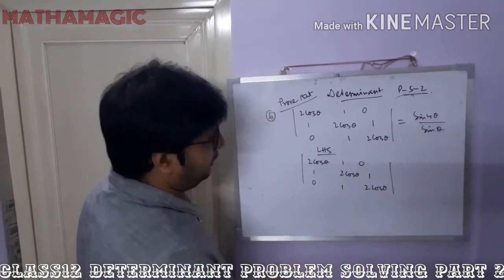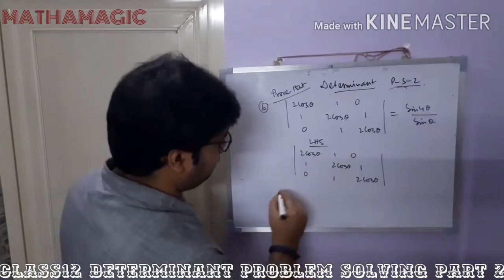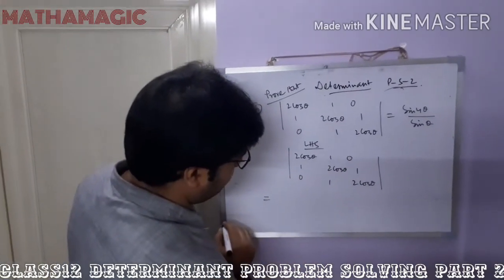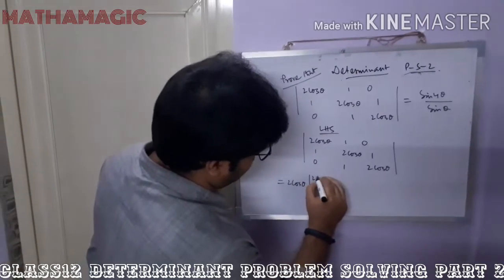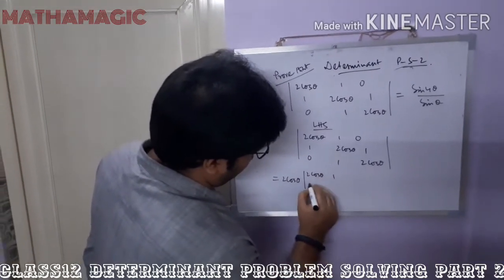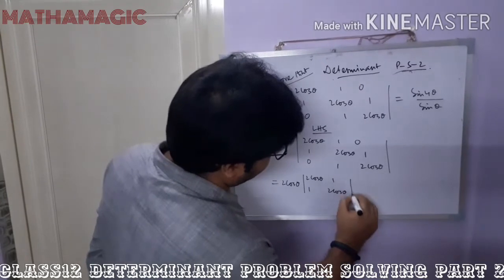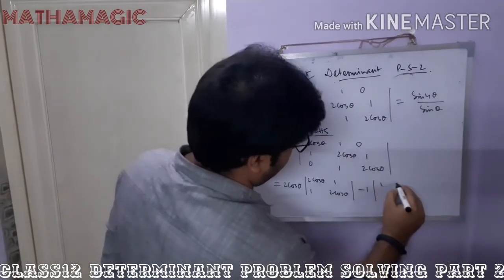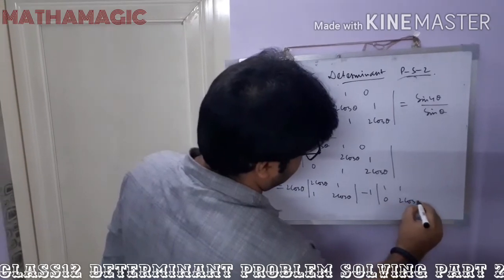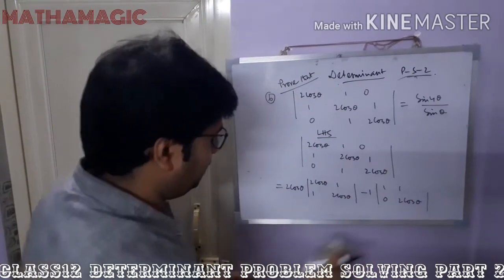If we do the expansion using the first row, what will we get? That is 2 cos theta times the determinant of 2 cos theta, 1, 1, 2 cos theta. Now it will become minus 1 times the determinant of 1, 1, 0, 2 cos theta. We'll rub this one.